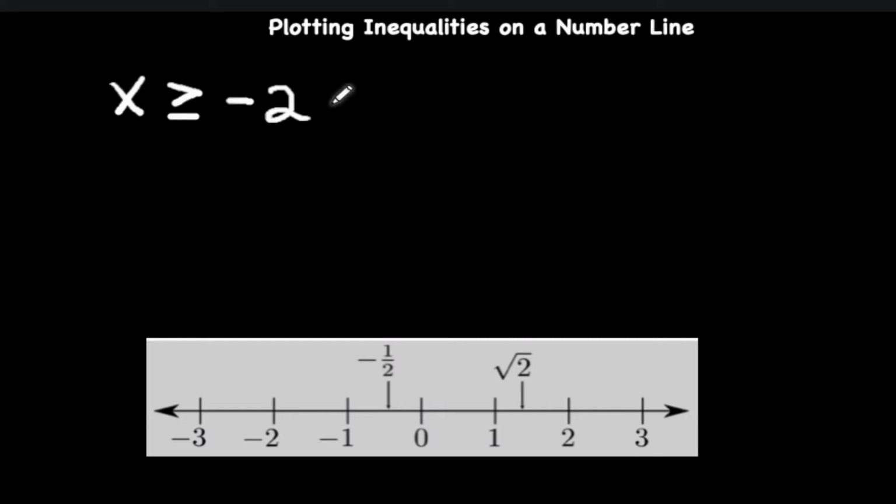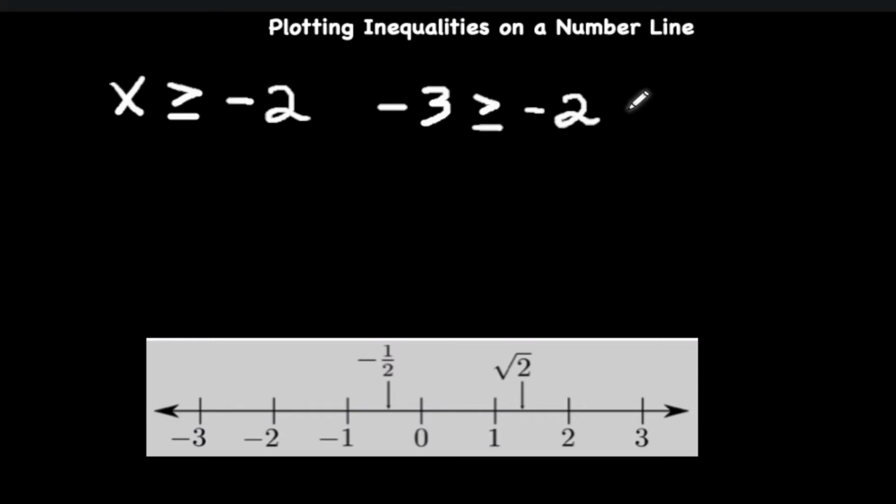So this inequality indicates that all numbers greater than or equal to -2 are solutions of x. So if I were to substitute this x for, let's say, -3, it will be read as -3 is greater than or equal to -2.